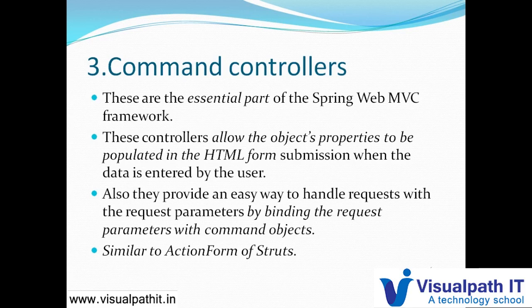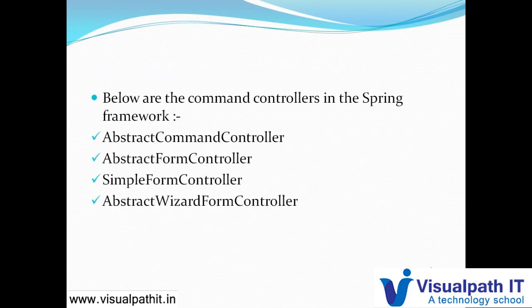So when the data is entered by the user, this controller allows the object's properties to be populated in the HTML form. Also, it provides an easy way to handle the requests within the request parameters. How does it do that? By binding the request parameters with the command objects. It is almost similar to the ActionForm in the Struts framework.